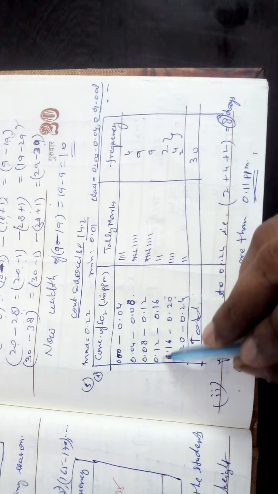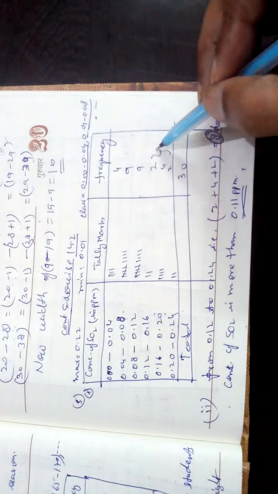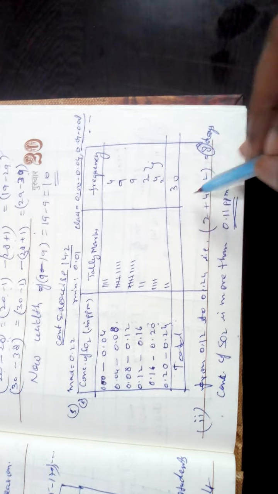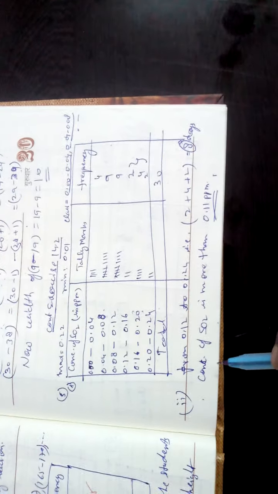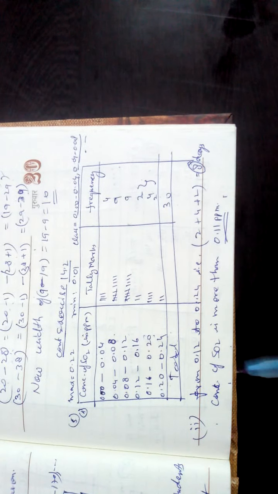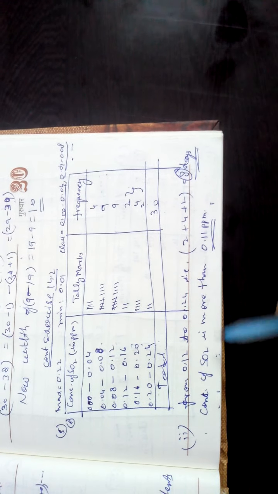So 0.11 or more, that is these three class intervals: 2 plus 4 plus 2, 4 plus 2 is 6, plus 2 is 8. So 8 days are there on which the concentration of sulfur dioxide is more than 0.11.